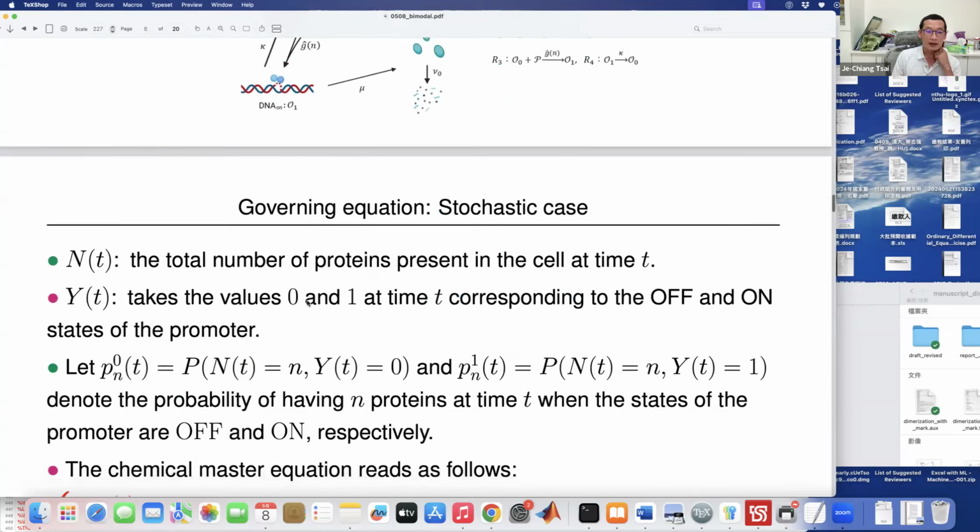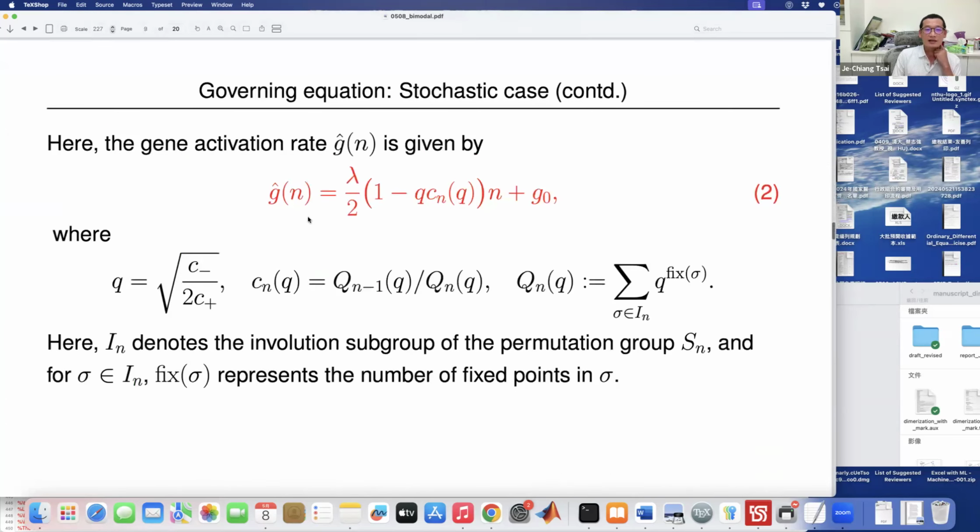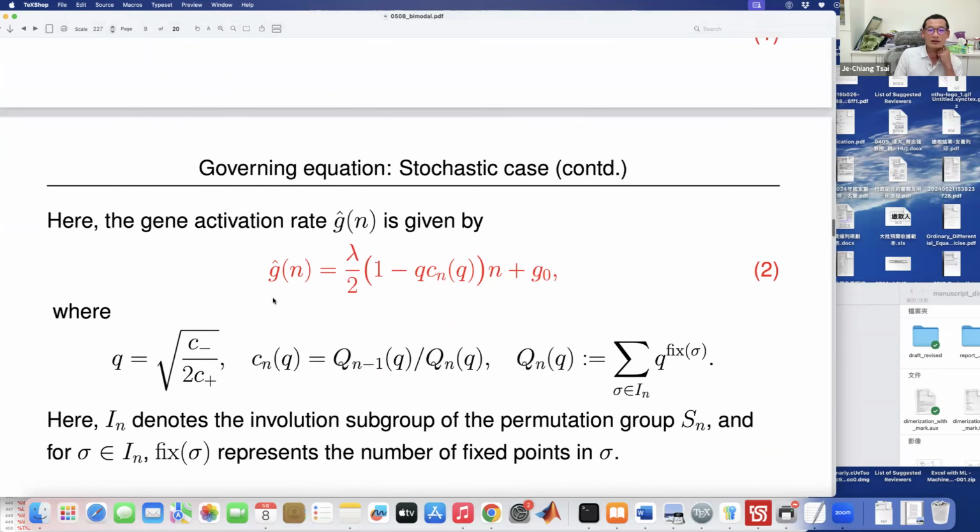And this activation function is very complicated. The form of this activation function G hat takes this form. It's a constant, and the Q is also constant.